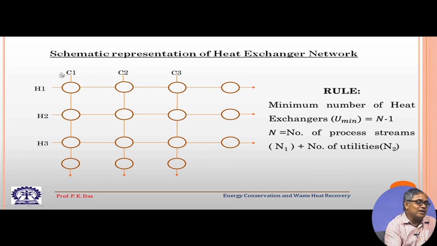Not that all the supply temperatures are the same for cold streams, nor for the hot streams. Similarly, the target temperatures are also not the same for the hot streams and the cold streams.